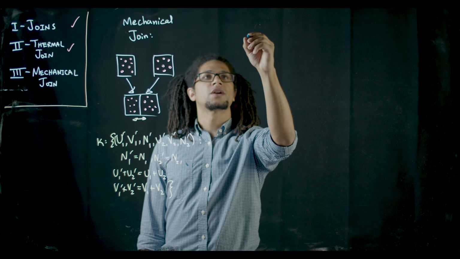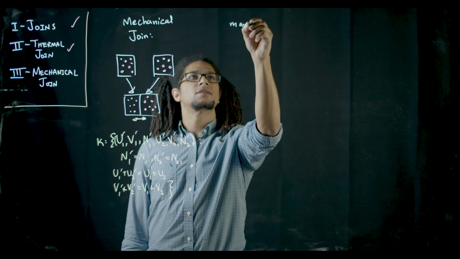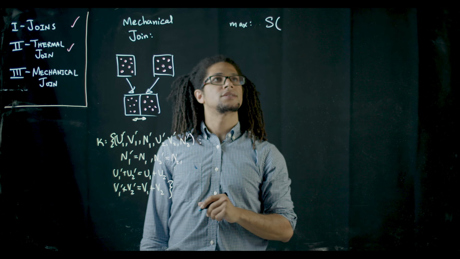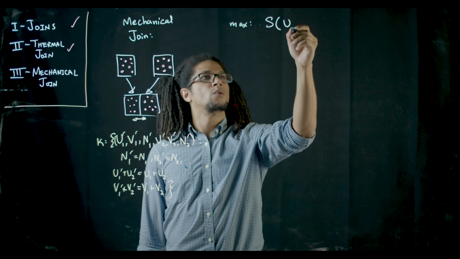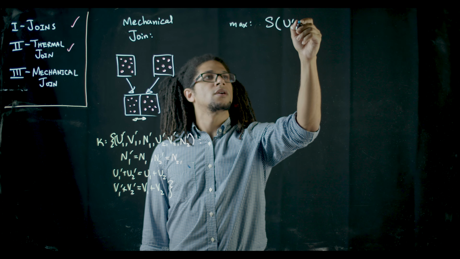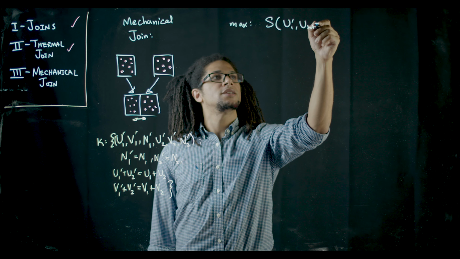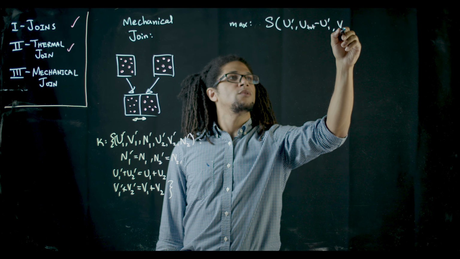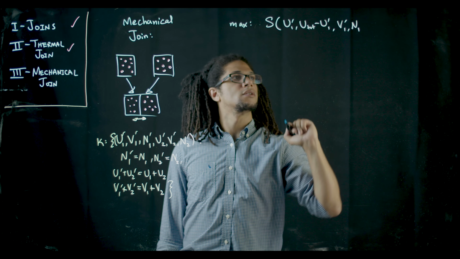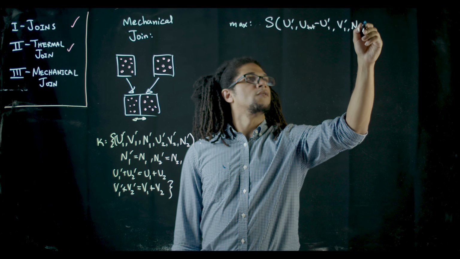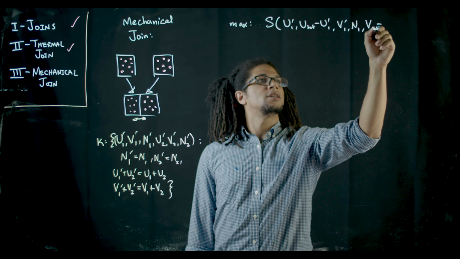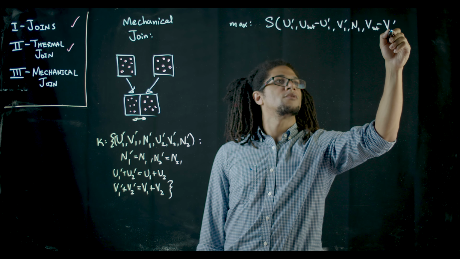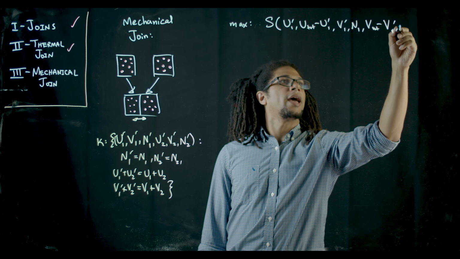So again, we're going to say that we want to maximize S of U1 prime, U total minus U1 prime, then we'll have V1 prime, N1, V total minus V1 prime for V2, and N2.